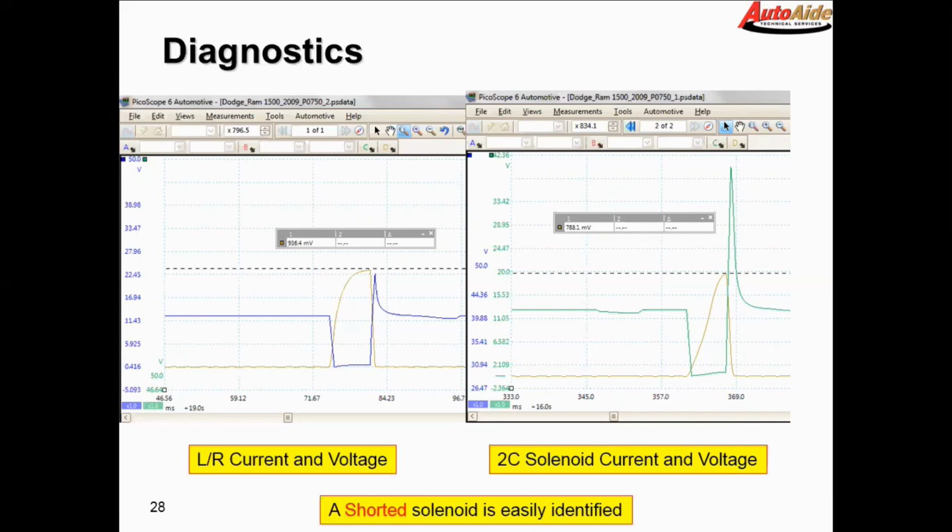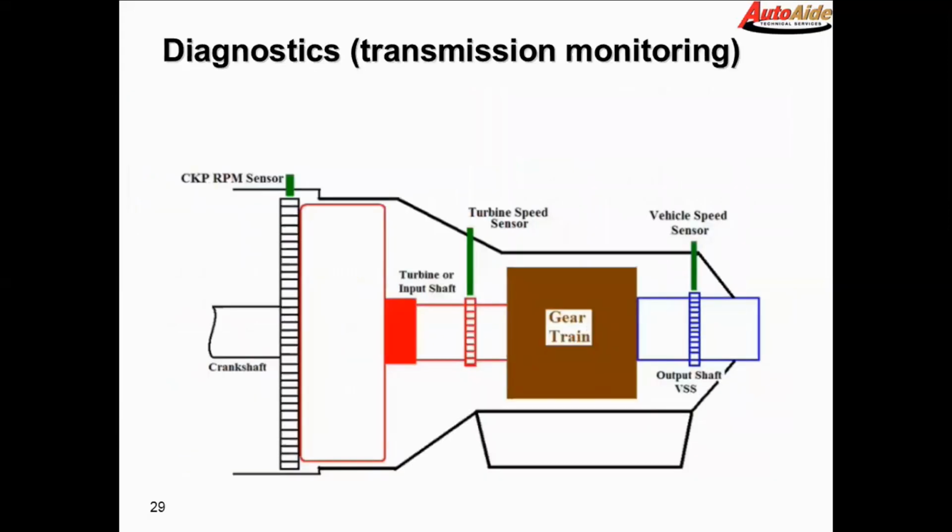I wouldn't even say you could monitor them with a voltmeter, because a voltmeter wouldn't give you the inductive spike, nor would it show you the peak current here, because the event is too quick. I mean, we're talking a few milliseconds on time here, so a voltmeter wouldn't catch this. So the only way to catch it would be an inductive amp clamp and a scope, which is what we're using here. Next up is transmission monitoring.